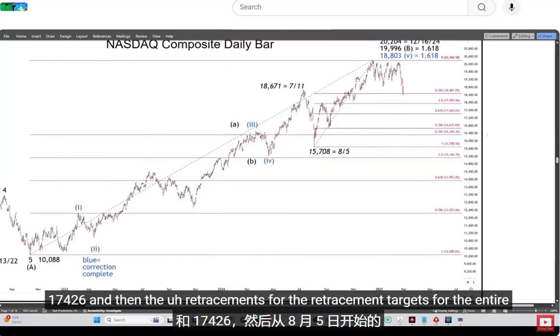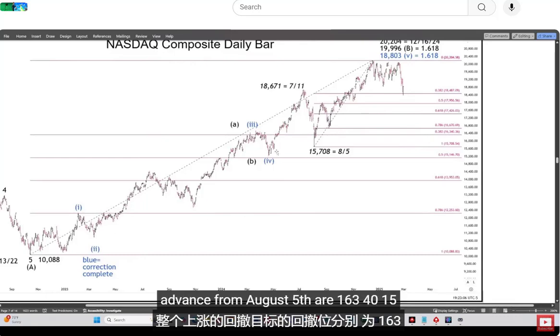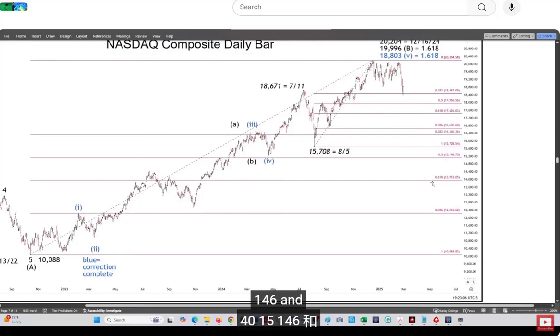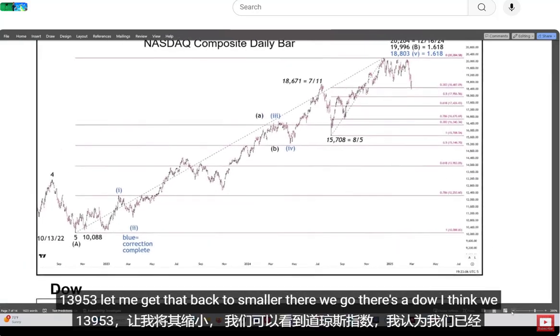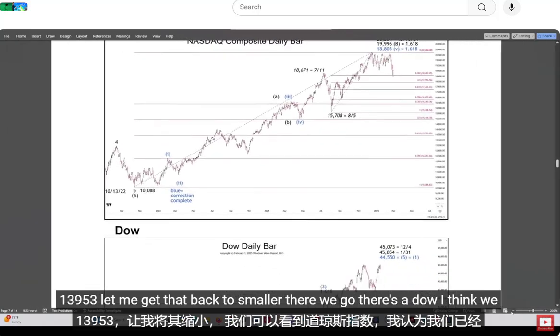And the retracement targets for the entire advance from August 5th are 16,340, 15,146, and 13,953.